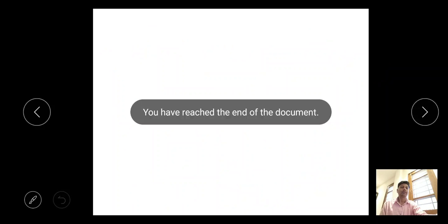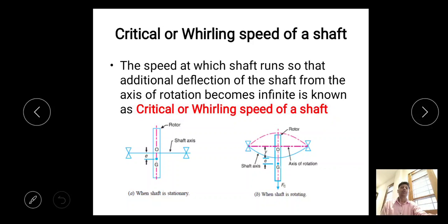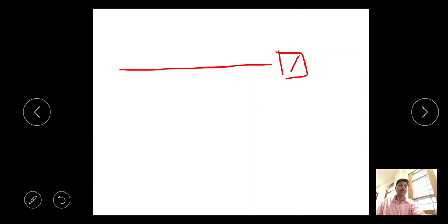So I will discuss what the critical or whirling speed of a shaft is. For this, I'll consider one shaft which is fixed under bearings here and here.